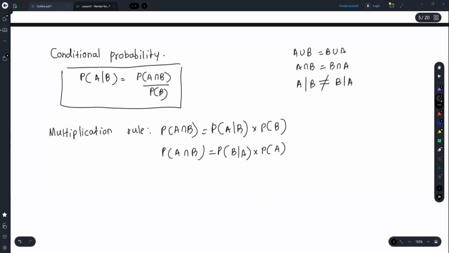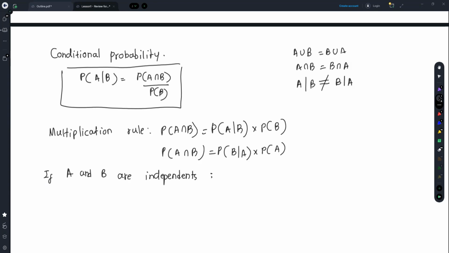Now, if the two events are independent, what will happen? If A and B are independent. What do you mean by independent events? We should denote it as this. A is independent from B, right?